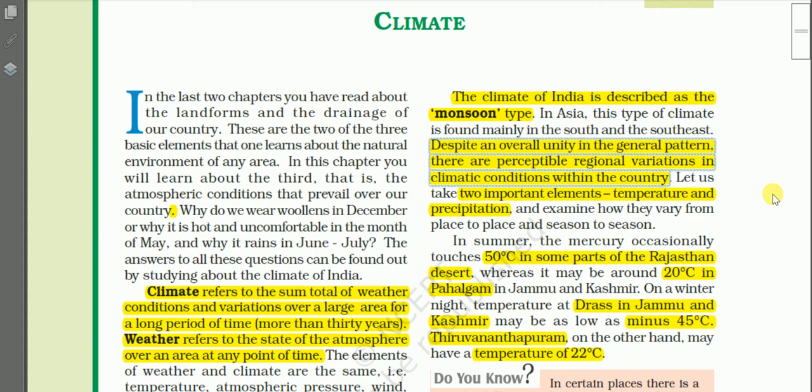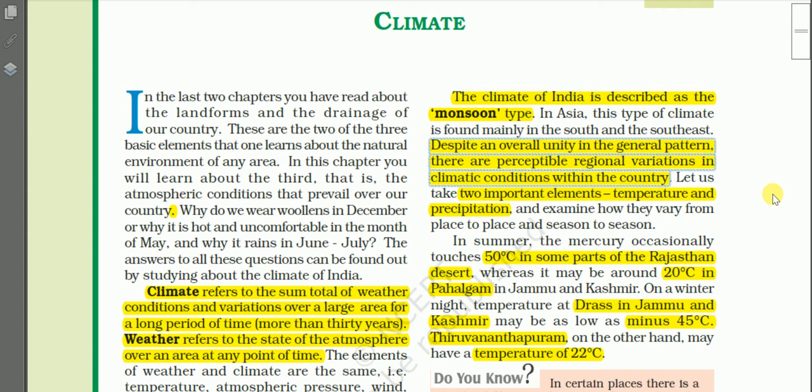However, if we examine very carefully the weather conditions and the climatic conditions, then we find perceptible regional variation in the climatic condition within the country. That means in some places we find very high temperature, in other places very cold temperature, in some places heavy rainfall, while in other areas we get little rainfall.